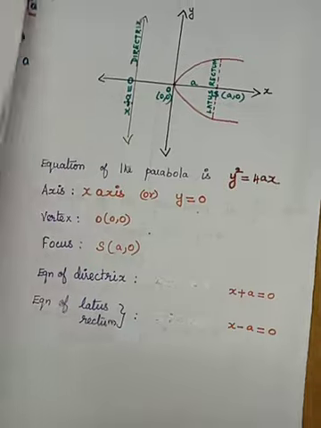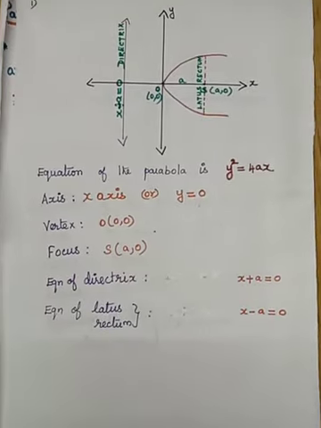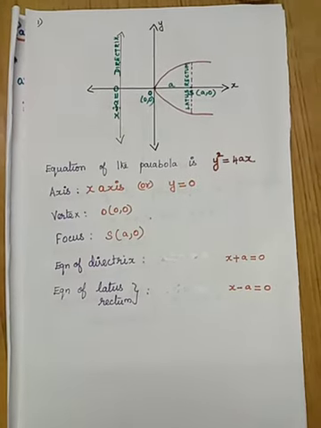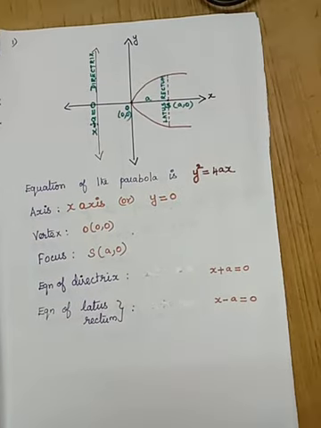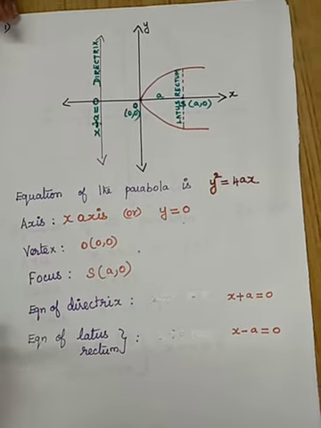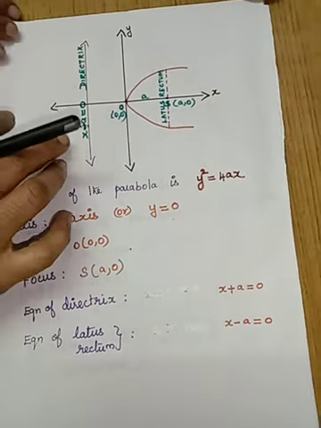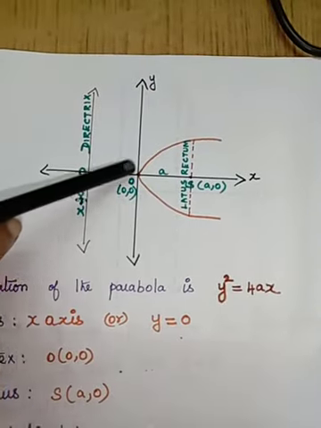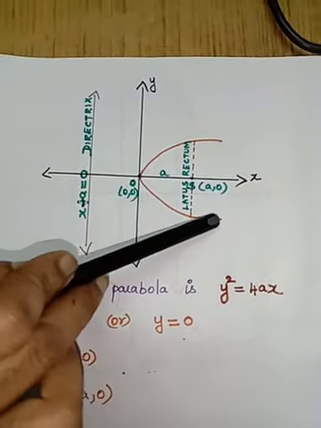We'll see the four standard forms of the parabola that I have already mentioned. The diagram and the results we are going to see now are very, very important. So see the diagram. I have drawn the parabola in this way, which opens rightward.